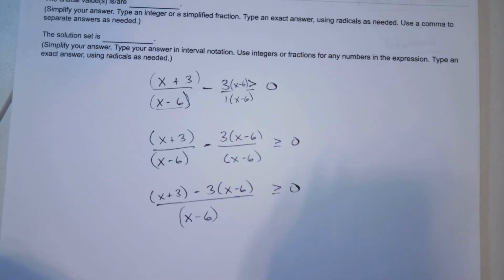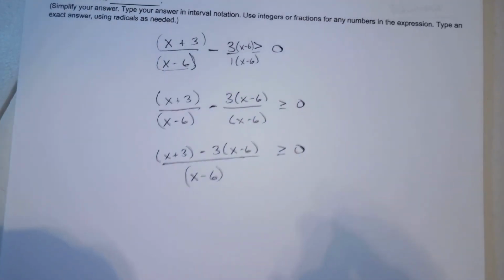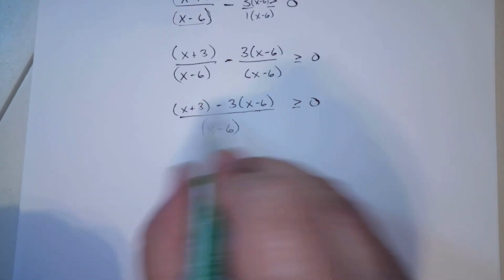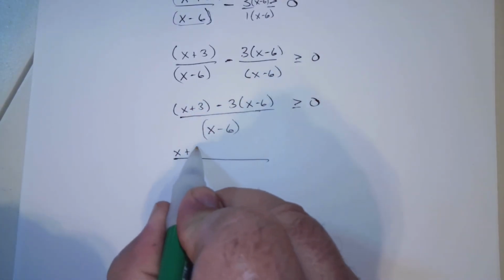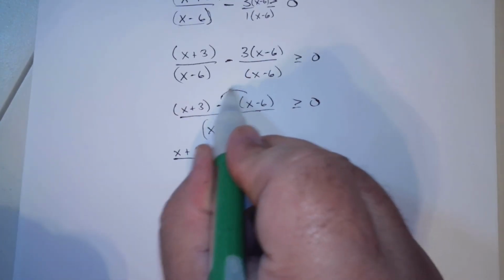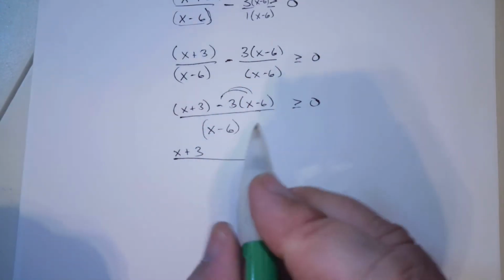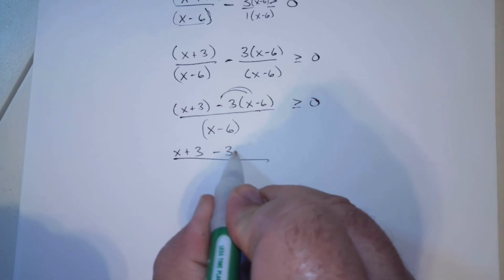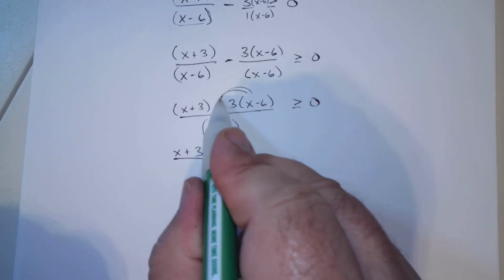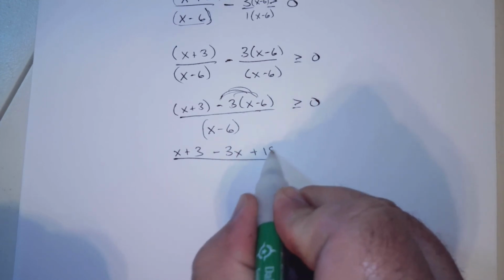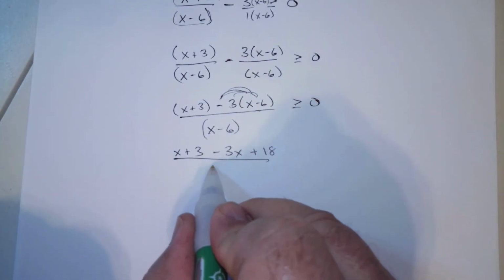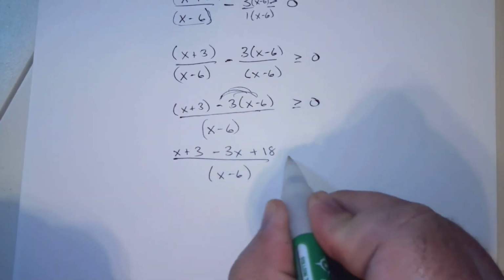This has to be greater than or equal to 0. We're still setting up the equation here. So we get rid of the parentheses on top. X plus 3. Distribute this one. Negative 3 times x is negative 3x. Negative times negative is positive. 3 times 6 is 18. All over x minus 6.